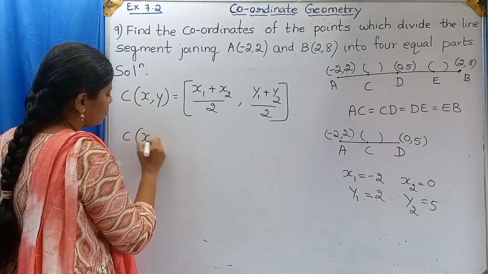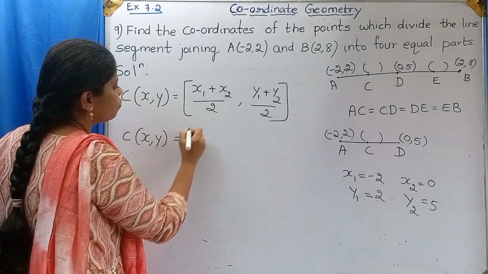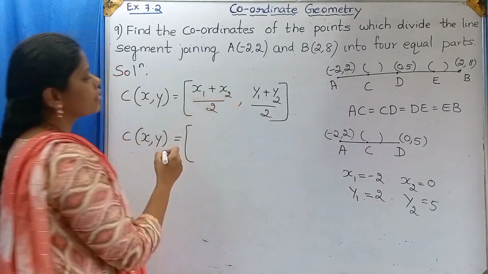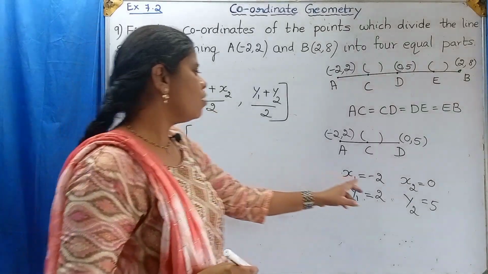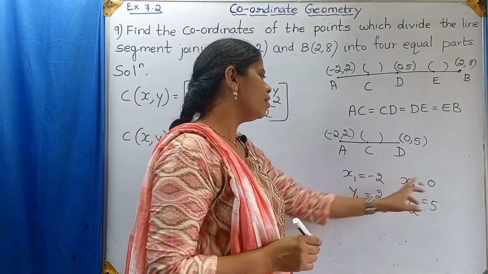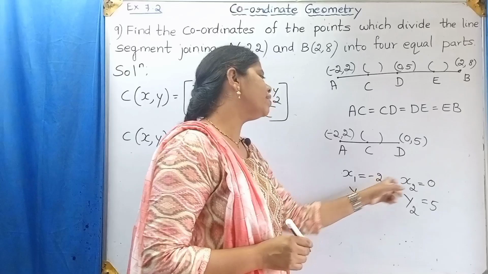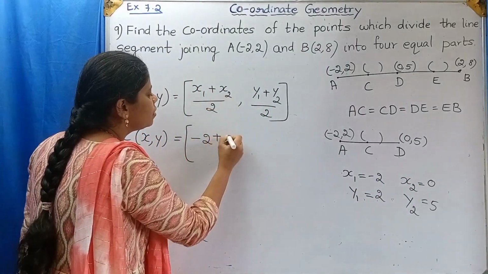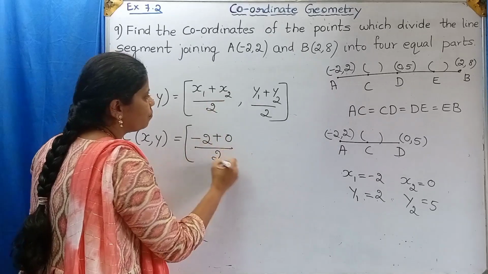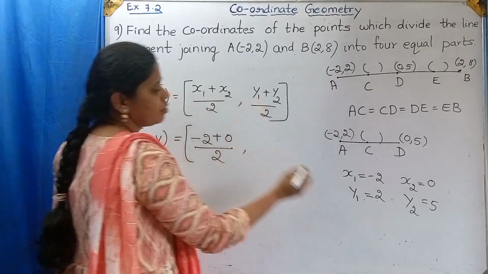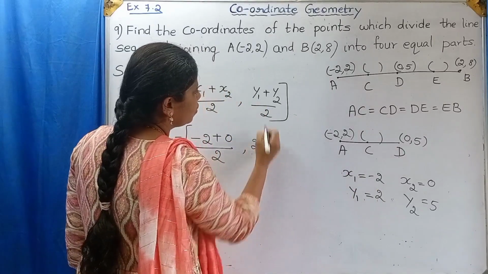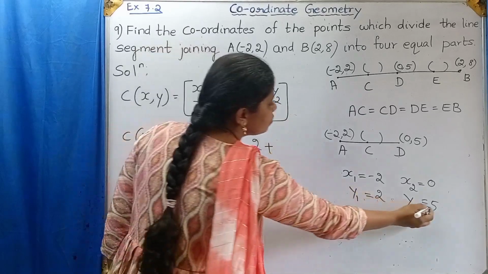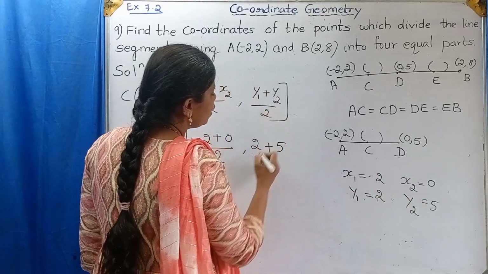The value of x1 is -2, x2 is 0. Therefore, (-2 plus 0) divided by 2, comma, the value of y1 is 2 plus y2 is 5, divided by 2.